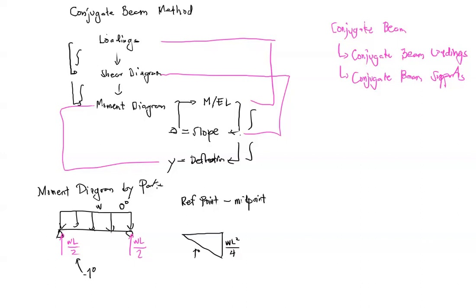Iusog ko siya dito. WL squared over 4. Yan yung height ng iyong triangle. So, it's causing a clockwise na rotation. Kaya ganyan siya. So, ganyan yung itsura niya.